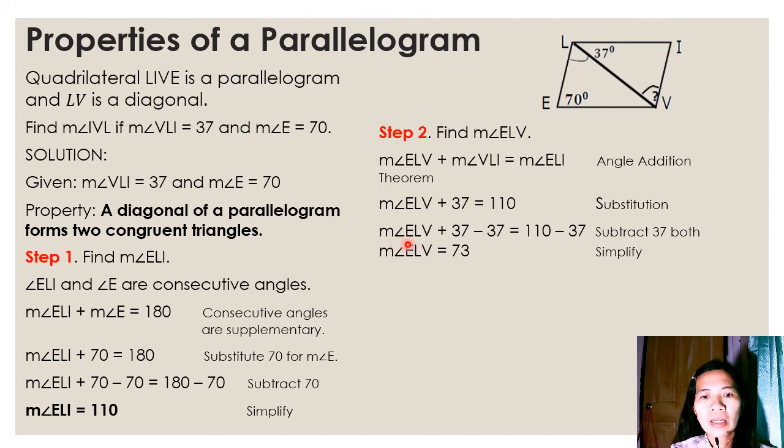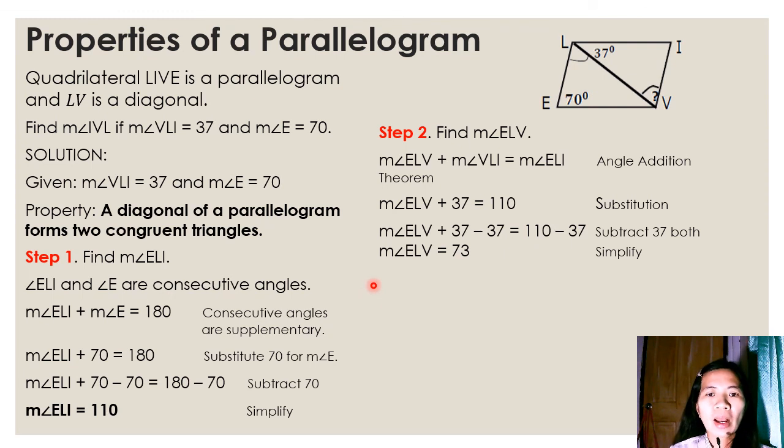So measure of angle ELV plus 37. We get the additive inverse, so this will become 0. Add both sides of the equation with minus 37. Simplify: 110 minus 37 equals 73.